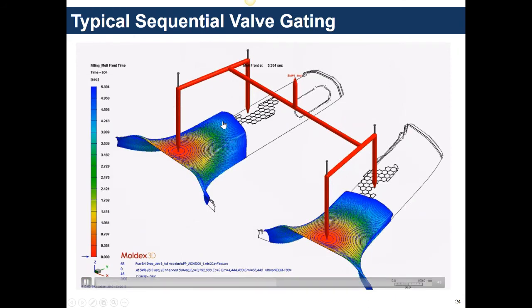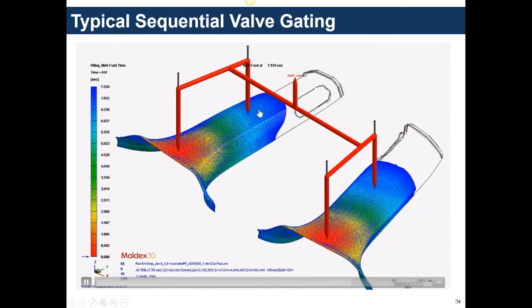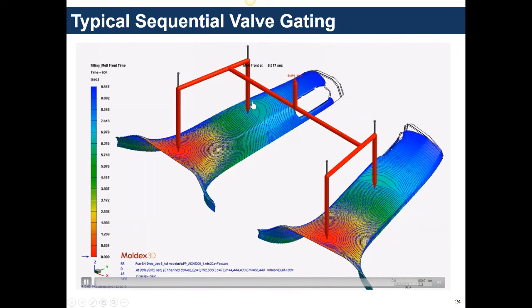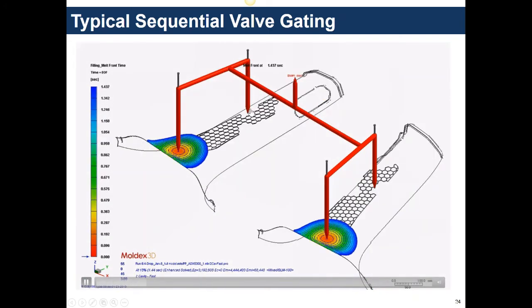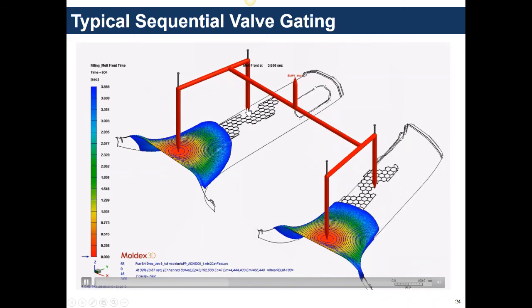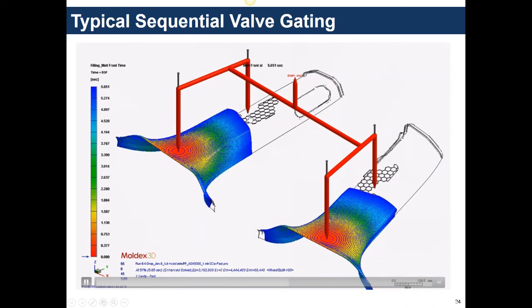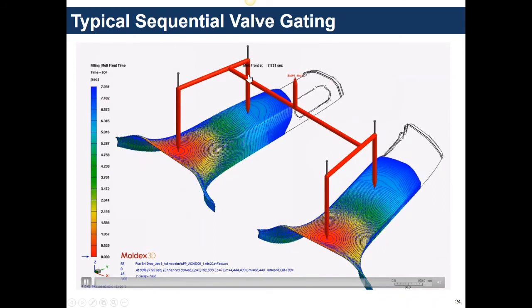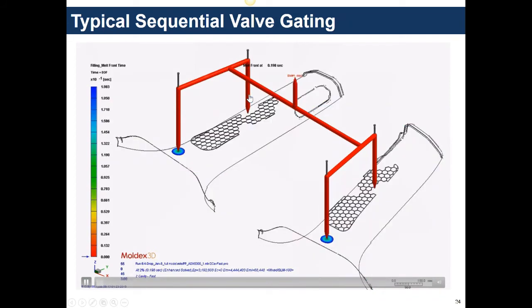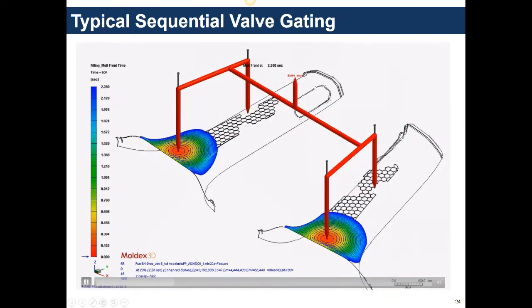So watch this. While the material is moving down, this gate opens, and you can see this hesitation there. In the past, you would not see this hesitation because the gate would either be open or fully closed. And if you're doing a 3D analysis, you would have to model the runner system in the fully open position, so you wouldn't really see this effect.